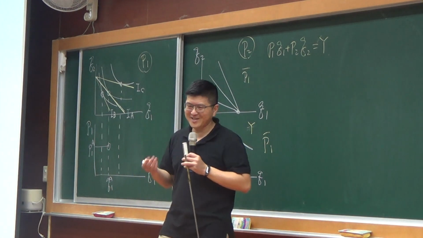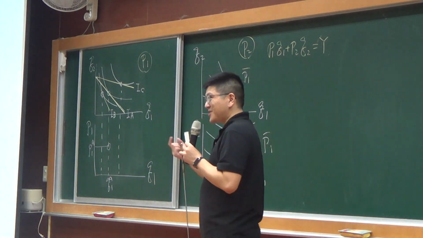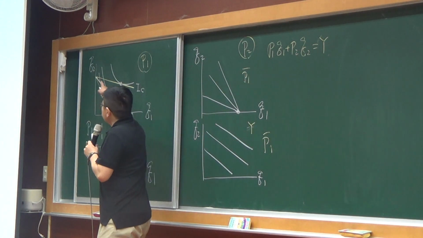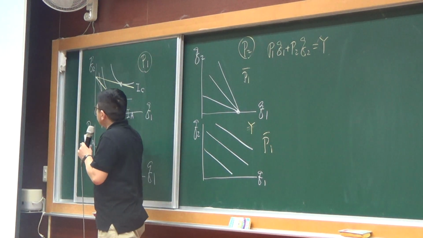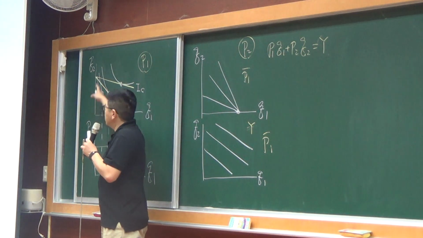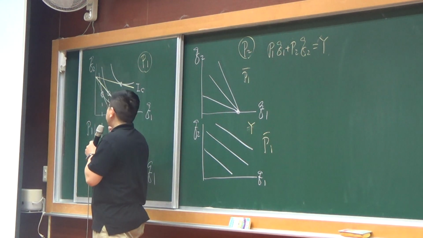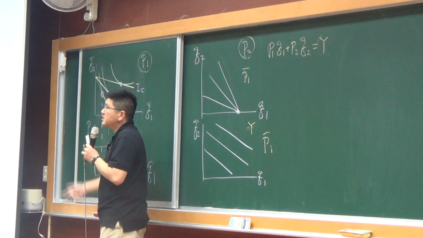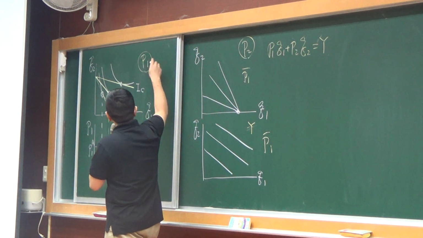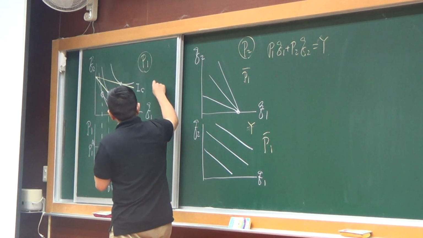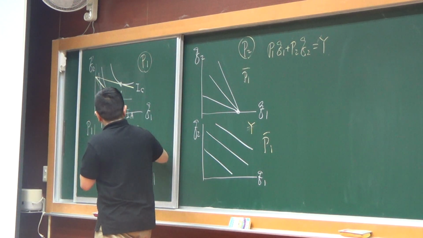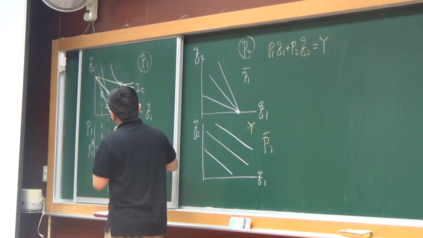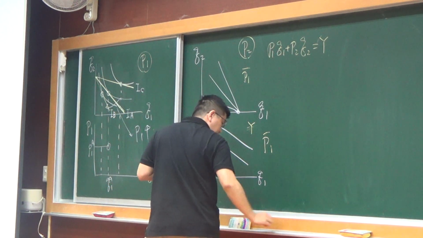The answer should be clear to you. Goes up, right? Because you see your budget set shrinks, the budget set becomes smaller. So in this case, P1 must go up.